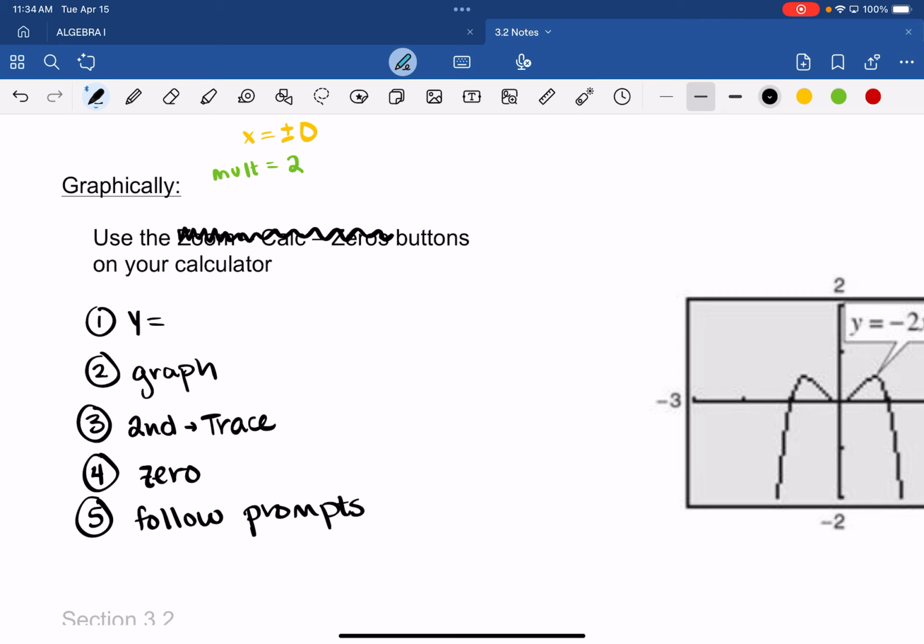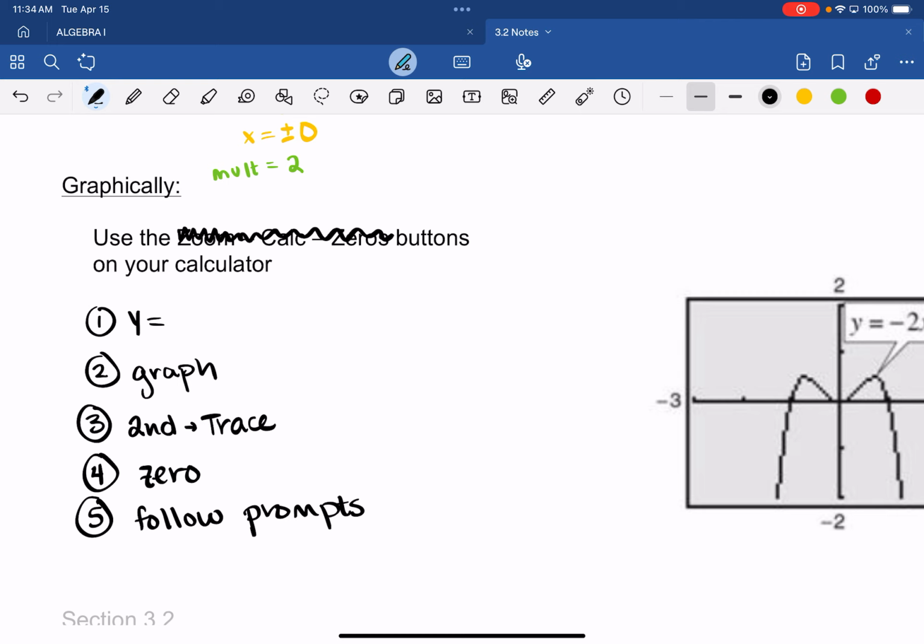I don't care how you do it on your test. Some people will choose this way because it gets them all 3 in one go. We're not going to dwell on this because I'd rather you know how to find it algebraically. But here you have the steps. You can play around with it later if you'd like to learn how to do it on your calculator.